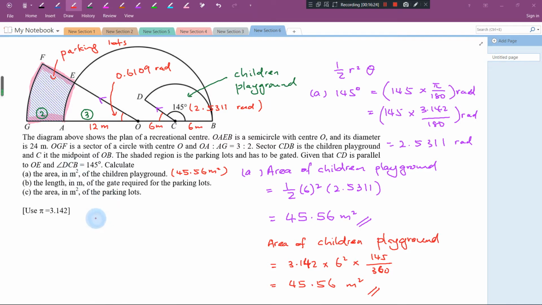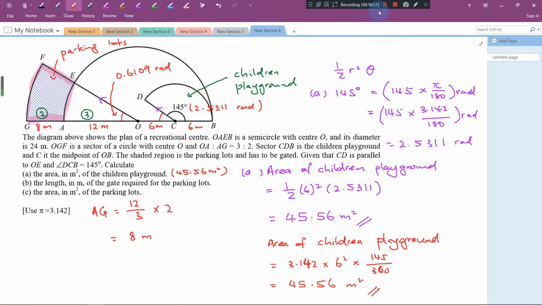This is just a ratio, so AG, you take 12 divided by 3, so that you know one part represents how many meters. Here we take 2 parts, so you times 2. This is equal to 8 meters. Now we know that AG or GA is equal to 8 meters.